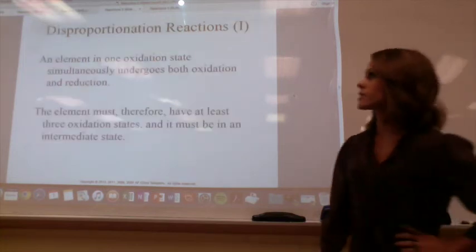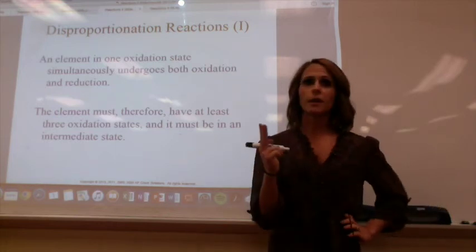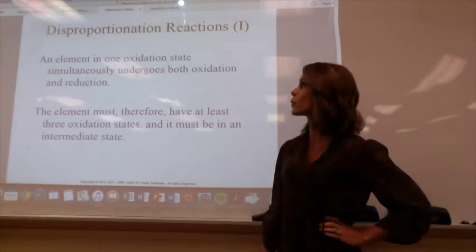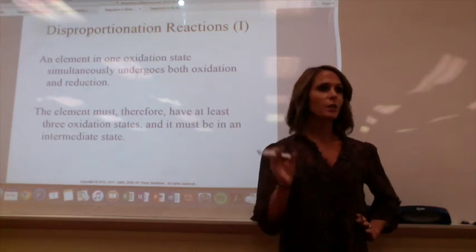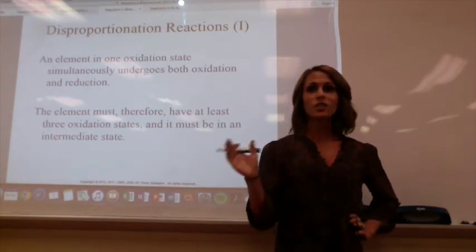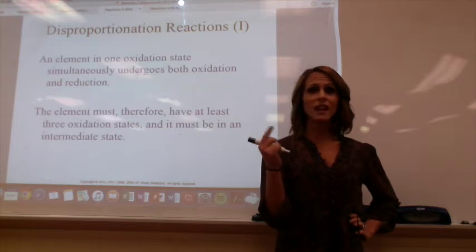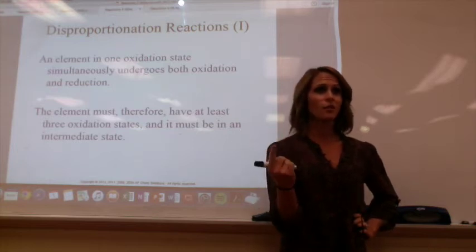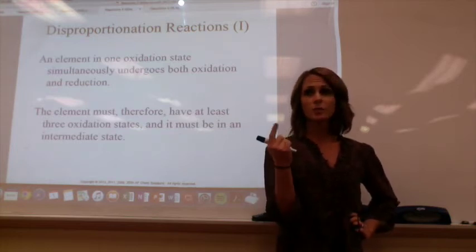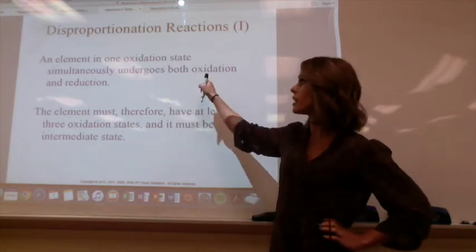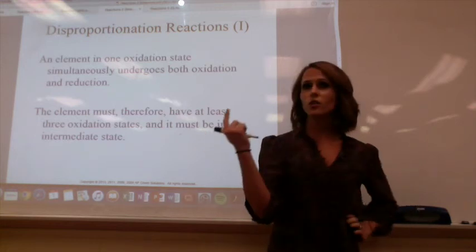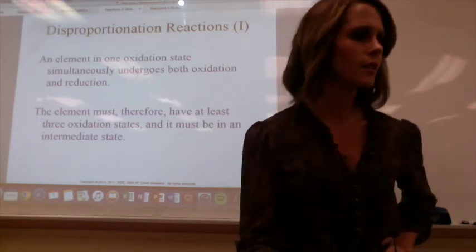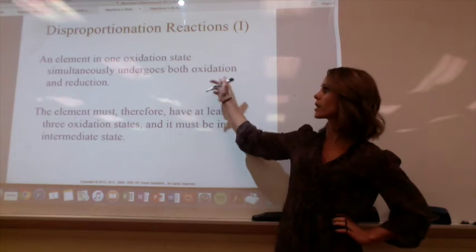All right, next one is a disproportionation reaction. There's 2 types of them. Big word, disproportionation. These are really simple. It's going to be a metal. Just one metal. There's nothing else reacting with it. It's a metal with itself. So the first type is when you have 1 thing going into 2 things.